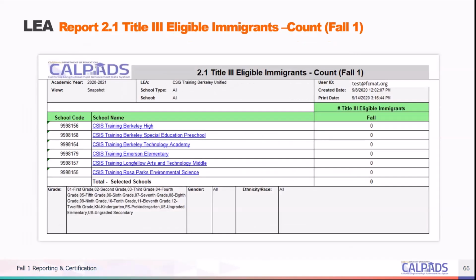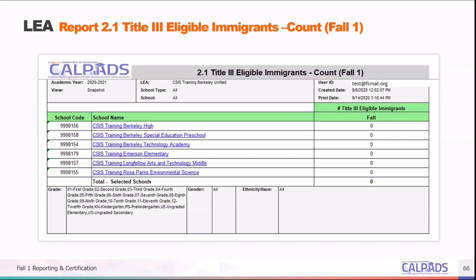Report 2.1, Title III eligible immigrants. This is a count of all those students who have been identified as eligible immigrants. This is based on the student information. It is not a program. So we're looking at the student's birth country. If they were not born in the United States or Puerto Rico, they're going to be potentially an eligible immigrant.